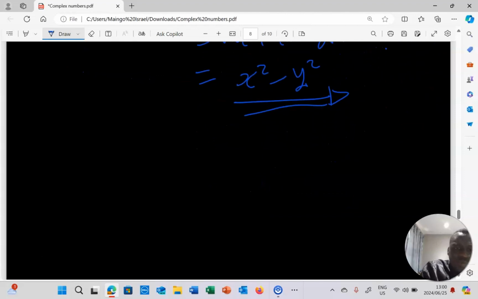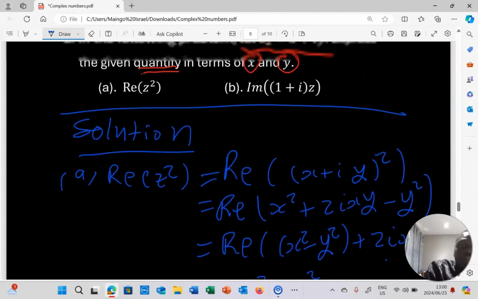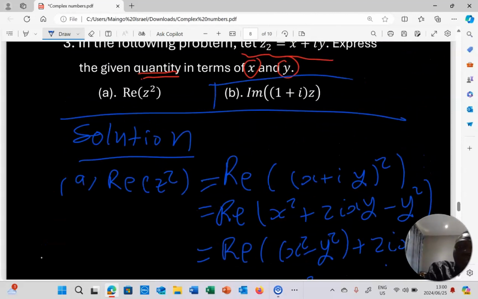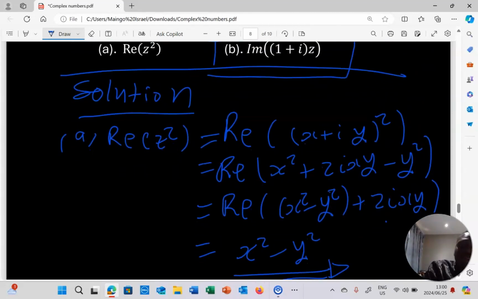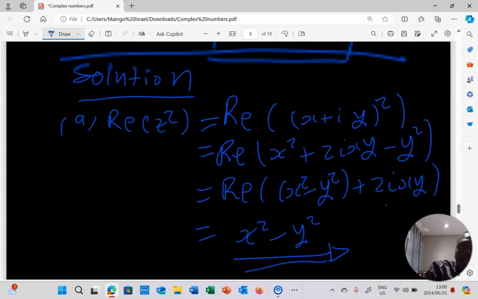So number B, we have this one, the imaginary part of i times, this is not i but 1 plus iz, if I'm not mistaken.